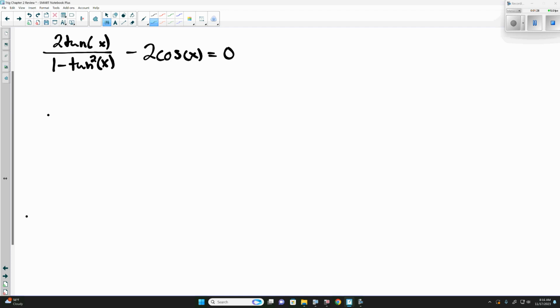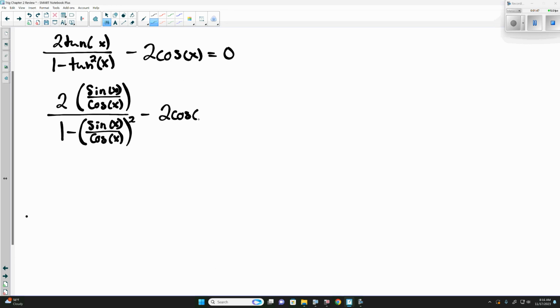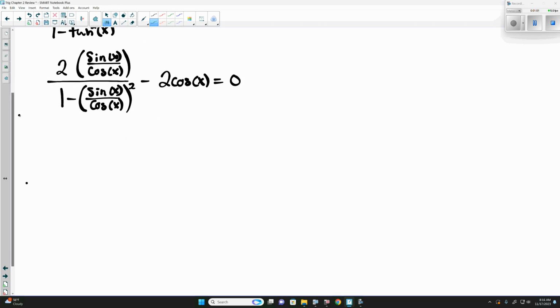But there is one thing we know about tangent. It is sine over cosine. So we're going to replace it with sine over cosine.